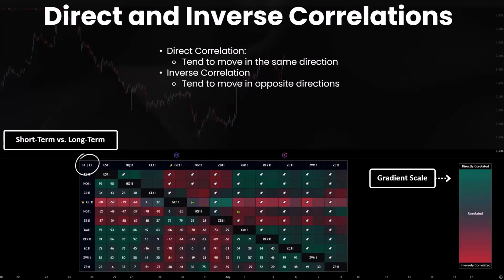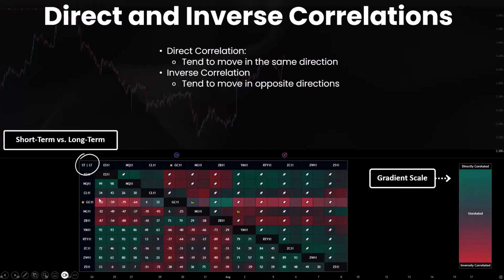Now, these correlations, will they exist in the short term or in the long term? These correlations are visualized by our TI Pairs indicator. You can see this little matrix here. For example, a very high value close to 100 showcases a direct correlation, for example here between ES and NQ, very high direct correlation.